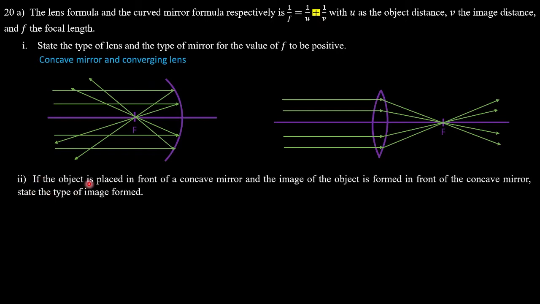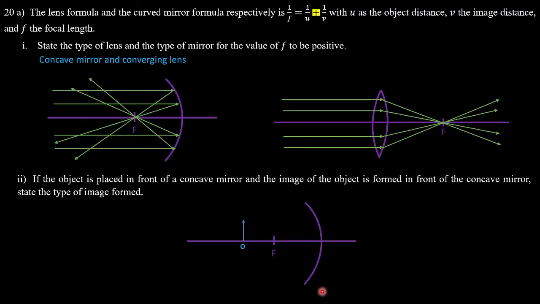So number 2, if the object is placed in front of a concave mirror and the image of the object is formed in front of the concave mirror, state the type of image formed. Both image and object are on the same side. So we have the object here. In order to determine the image of the concave mirror, there are a few rays you need to draw.